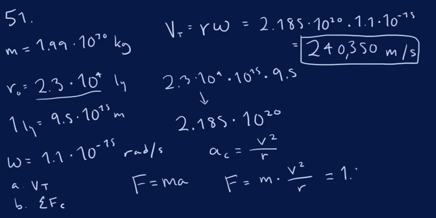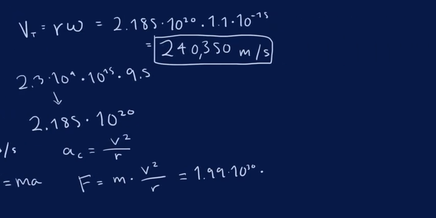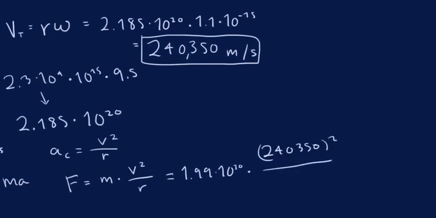And then we want to multiply that by velocity squared, which is 240,350, all of that squared, divided by the radius, which is this number right here, 2.185 times 10 to the 20th.